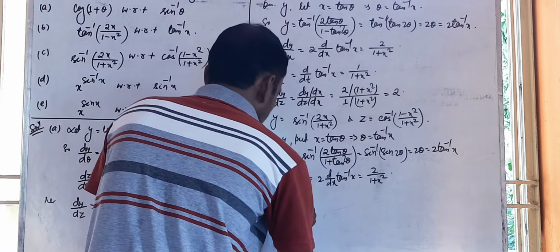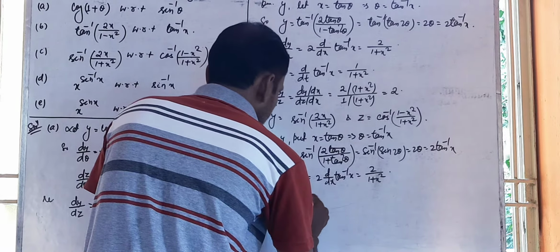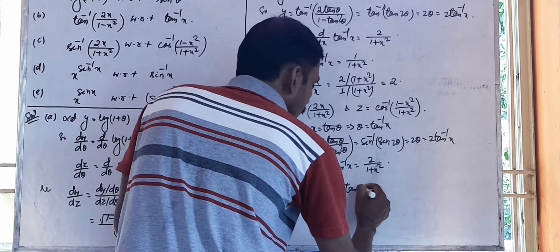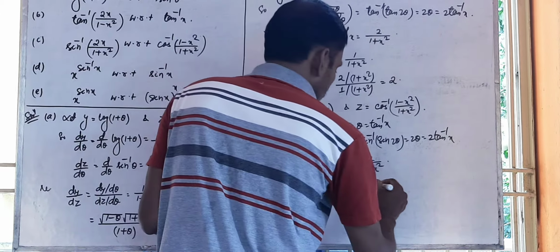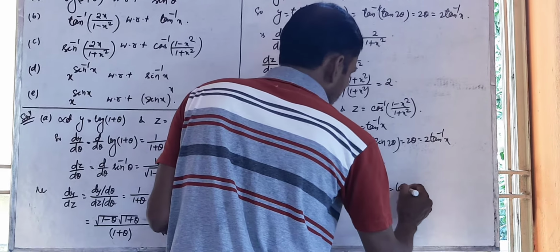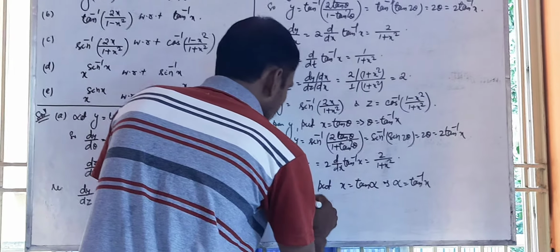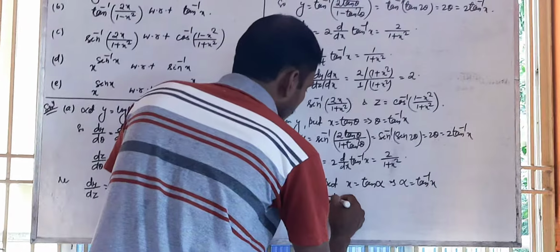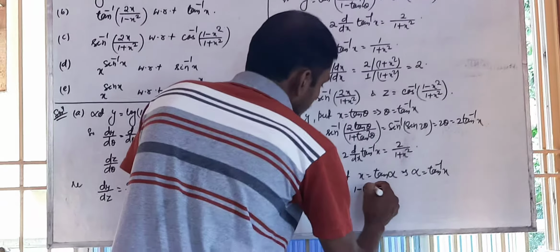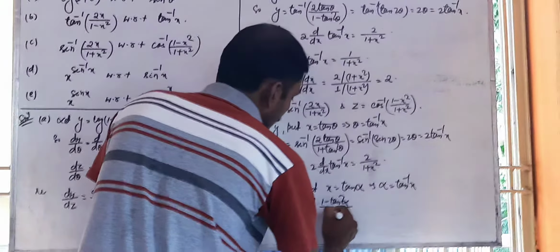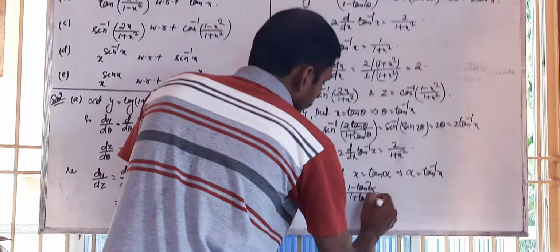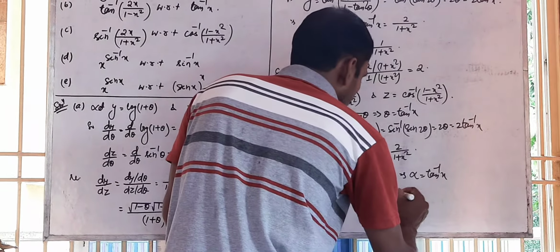Then for z, put x equal to tan alpha. So alpha equals again tan inverse x. So the value of z will become cos inverse of 1 minus tan square alpha by 1 plus tan square alpha.